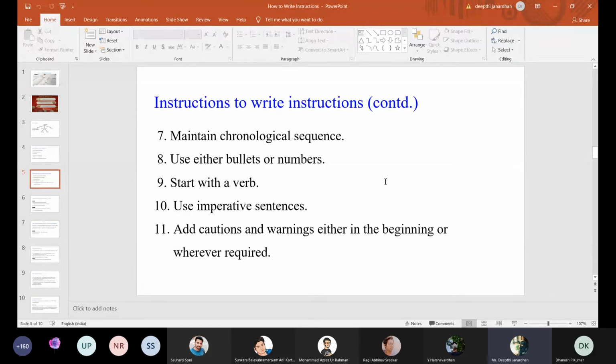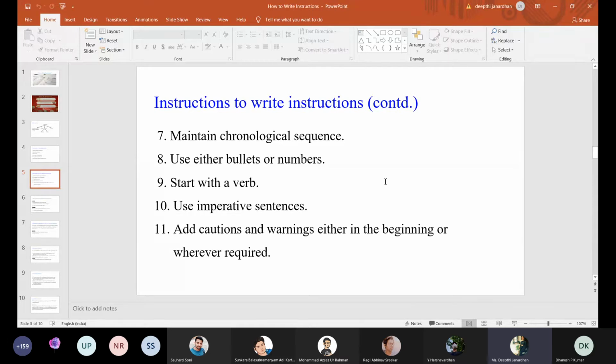But technical writing, technical correspondence would not encourage flowery language. So always make it simple, short and straightforward. Add cautions and warnings either in the beginning or whenever required. Now, this is important. Either you give me a set of cautions at the beginning.